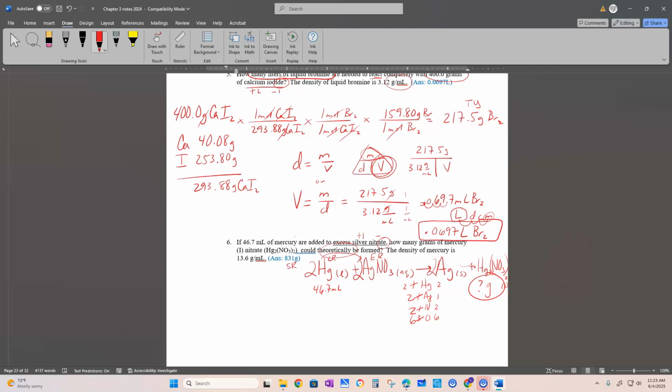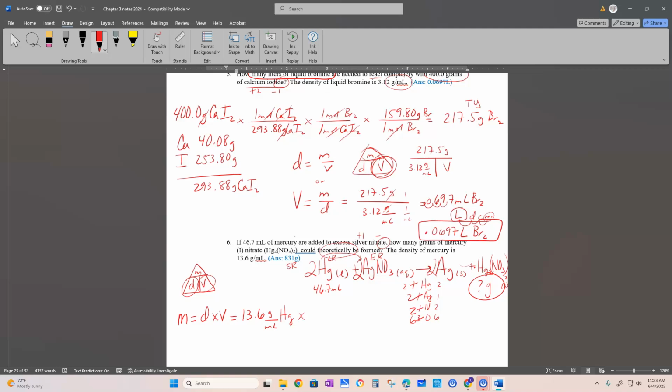So let's look at density, our cool triangle. D and V. This time I have the density, and this time I have the volume. Well, let's find mass. Okay, so now I tell AP mass is density times volume. So density 13.6 grams per mils, and this is of mercury. And we're going to multiply that by volume.